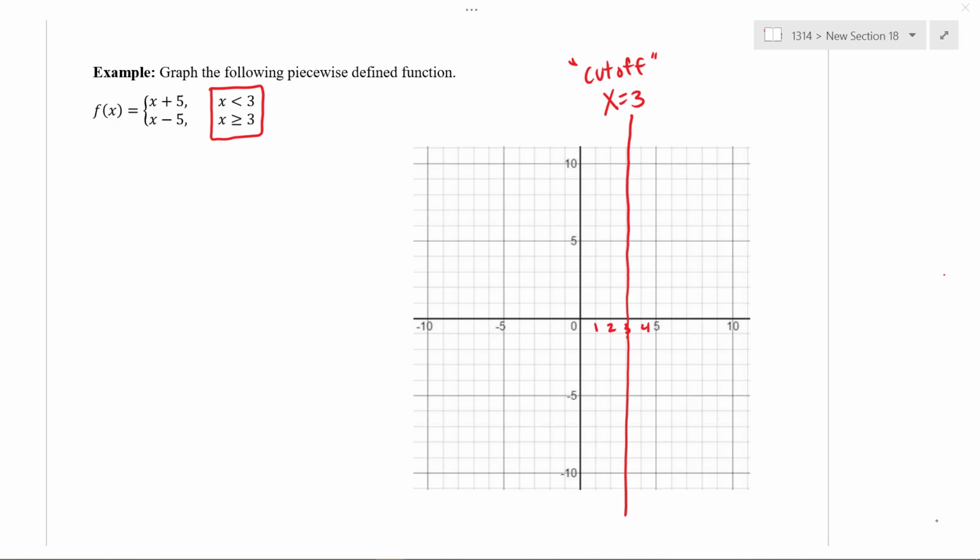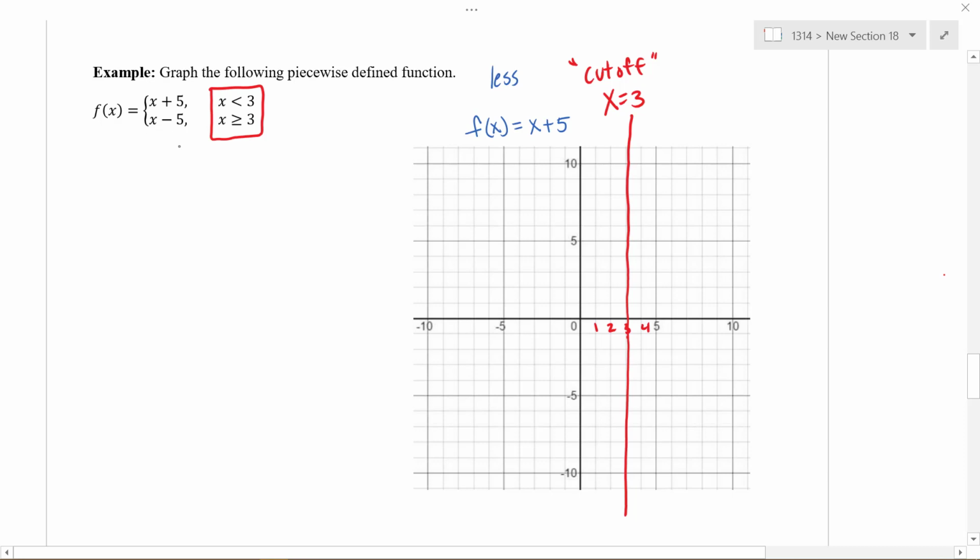So the top equation, x plus 5, is only for x values that are less than 3. So not equal to 3, but strictly less than. When we say less than, we mean to the left. So we're going to graph the equation f of x equals x plus 5 to the left of that red line.